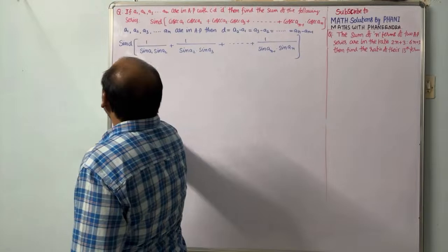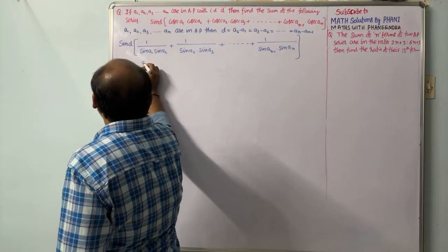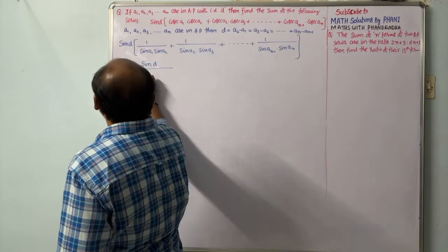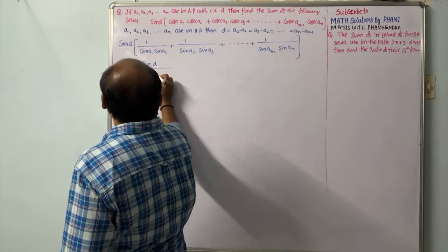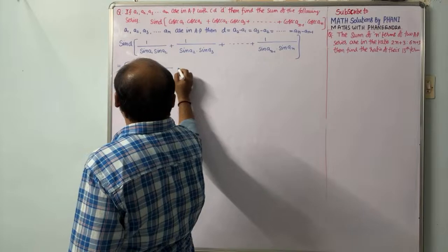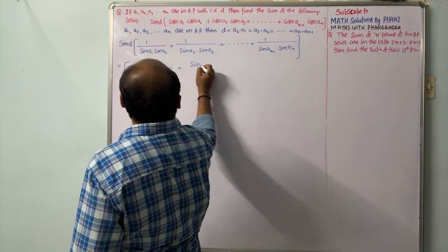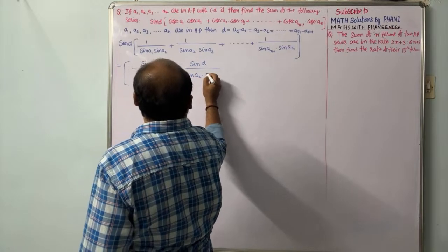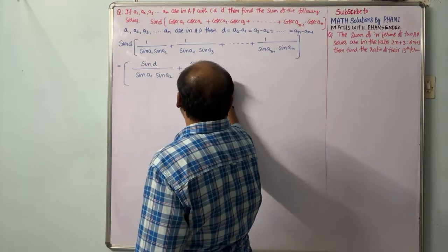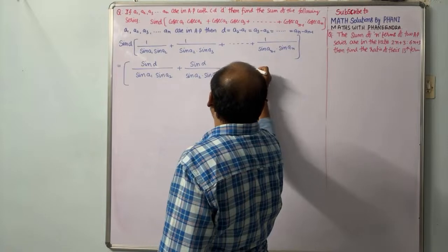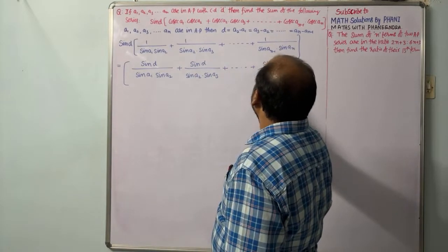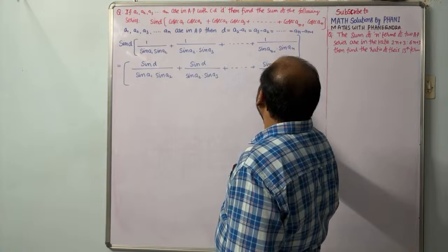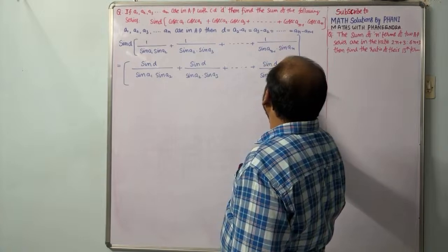So it will be sin D by sin A1 into sin A2 plus sin D divided by sin A2 into sin A3 plus and so on, sin D divided by sin A(n-1) into sin An.